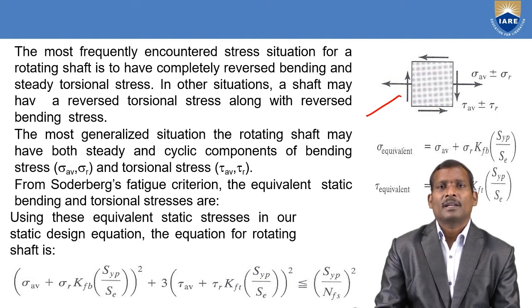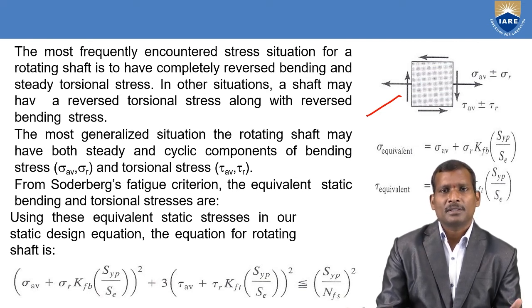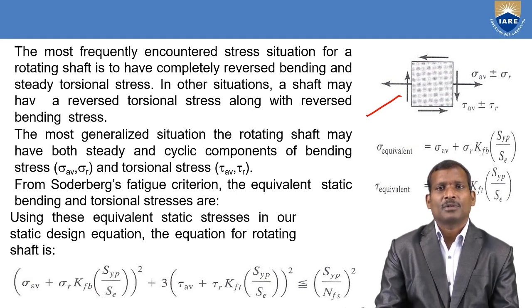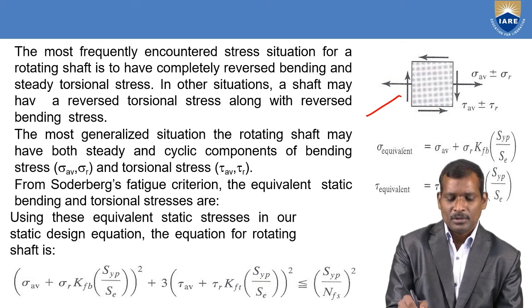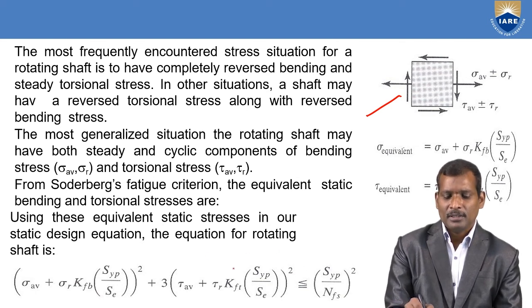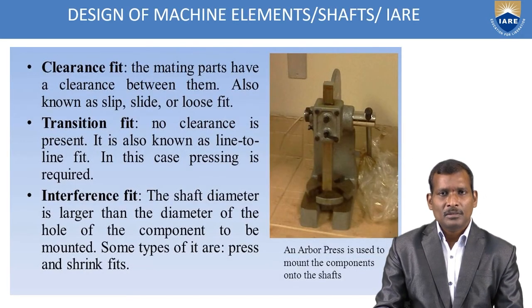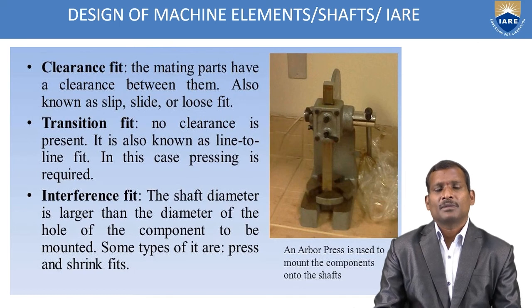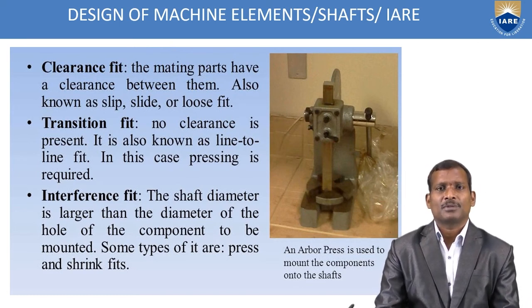You may write those equations according to Soderberg's fatigue criteria, as we already discussed in the fluctuating loads of the fatigue topic. According to the Soderberg equation, the equation for a rotating shaft is like this.